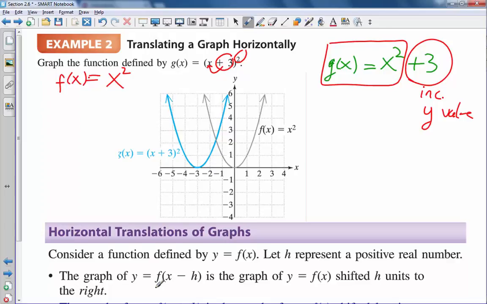So how do I know the difference again? If you see a number directly inside the main function, incorporated into x, then it's no longer an up or down shift. This is an upward shift, but this is no longer an up shift. It's either right or left. How do I know which way?